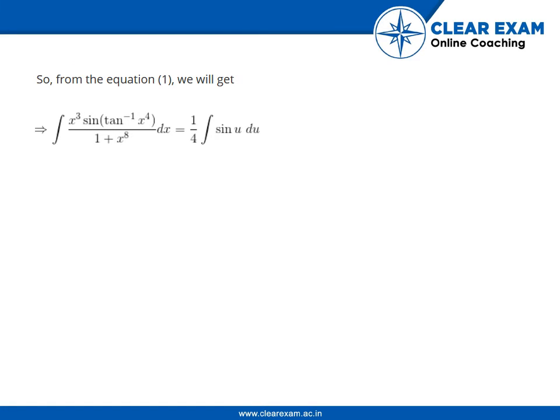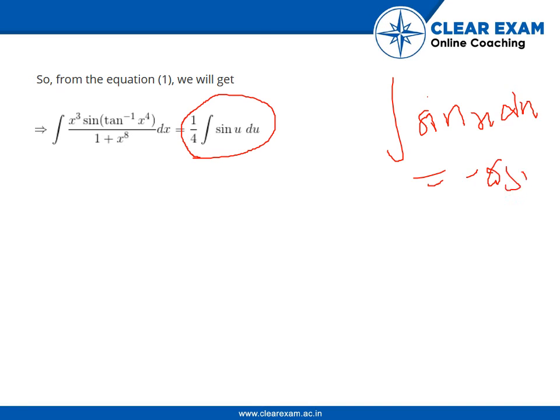Our final integrand looks like 1 upon 4 into the integral of sine u du. This integration is pretty straightforward, as we already know that the integral of sine x dx is minus cos x. So we get 1 upon 4 into minus cos u plus c, and c is our arbitrary constant.